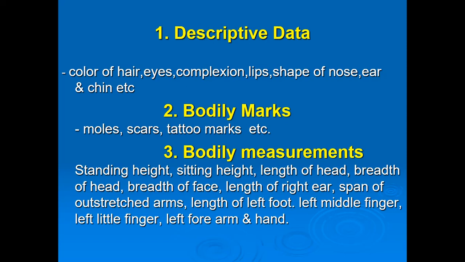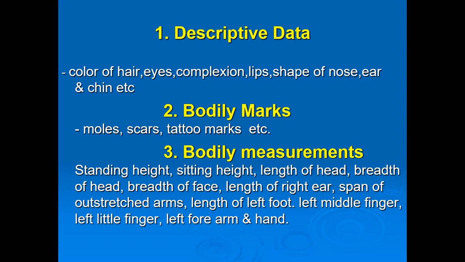Then body measurements. There are about 14 body measurements, like standing height of the person, sitting height, length of the head, breadth of the head, breadth of the face, length of the right ear, span of outstretched arms, length of the left foot, length of the left middle finger and left little finger, left forearm and hand. Mainly the length of these parts and height and breadth.